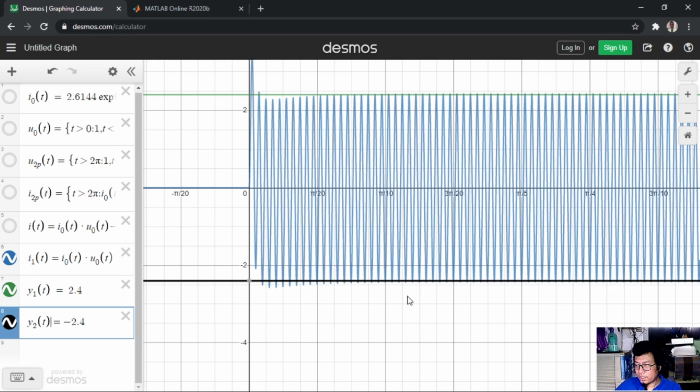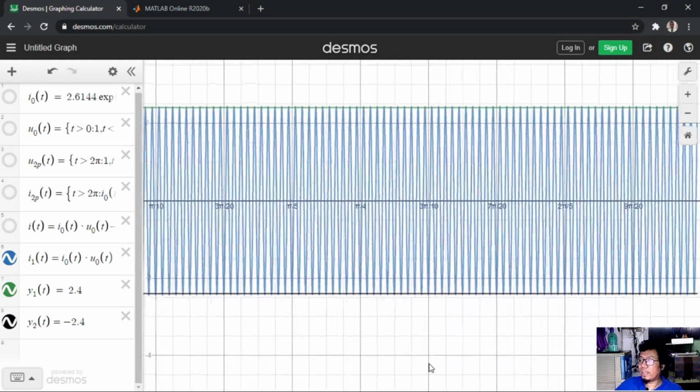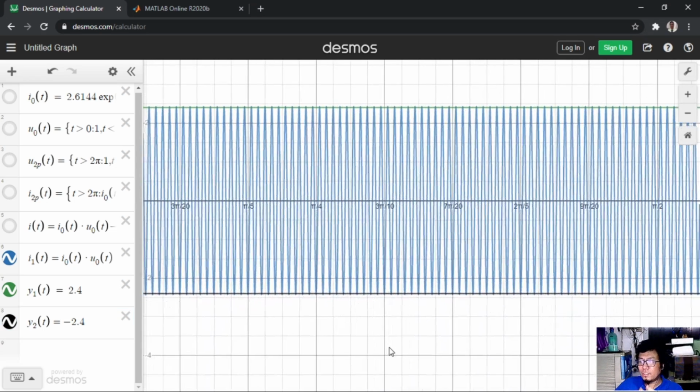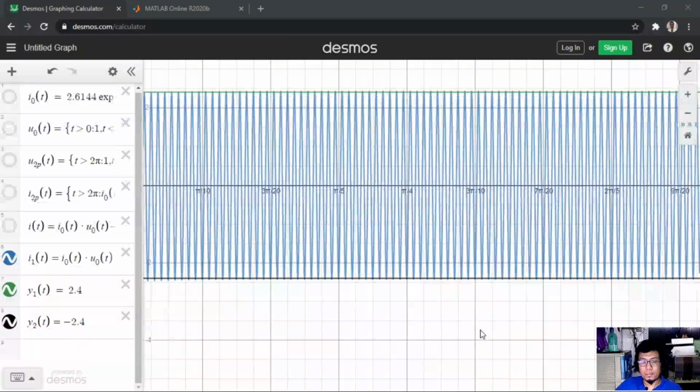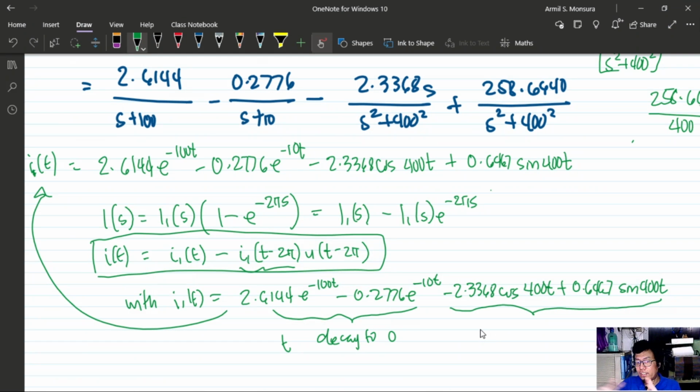But as you can see, it would take time to actually reach that peak, that certain value. So again, ang explanation dun is that the first two terms would actually take time to decay to 0.